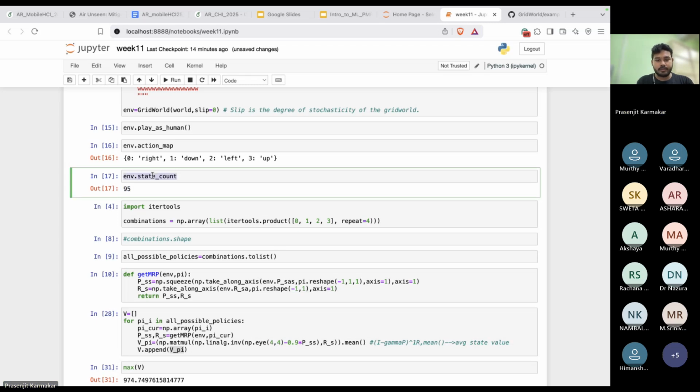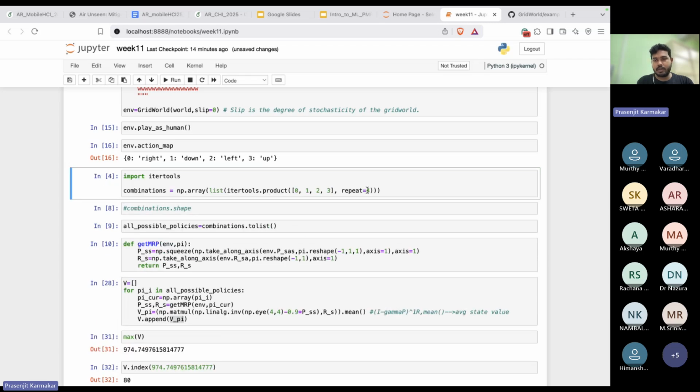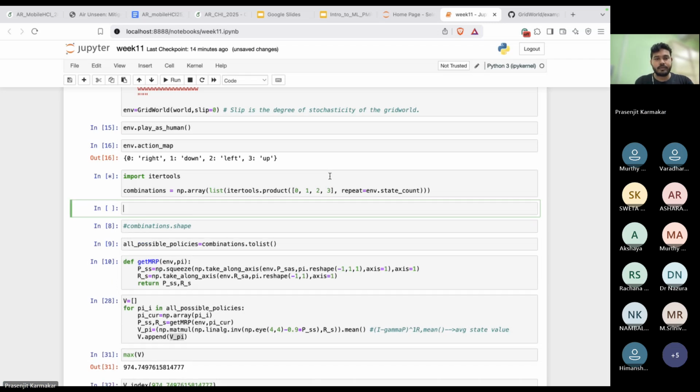So what is the number of possible policies? I combine, repeating for the number of states, all possible policies with those four values for 95 combinations. Okay, it's taking very long.